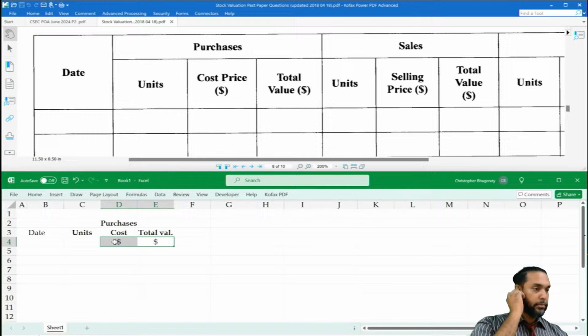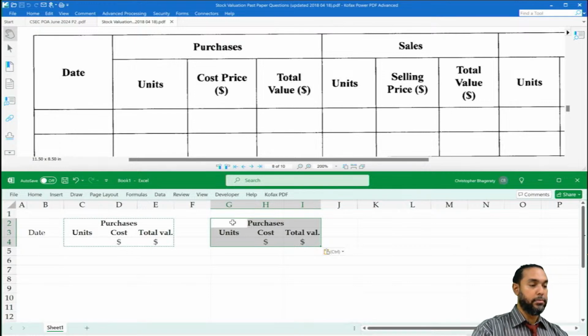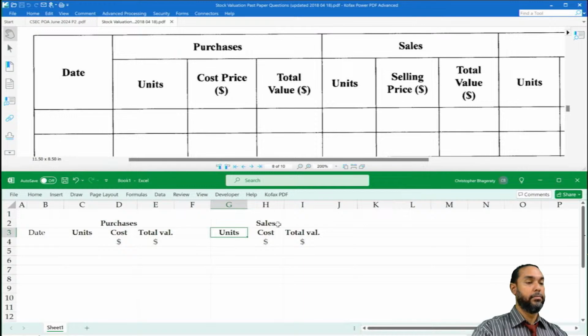All right. Sales, okay, let's copy and paste. Sorry, my brain is not cooperating now.